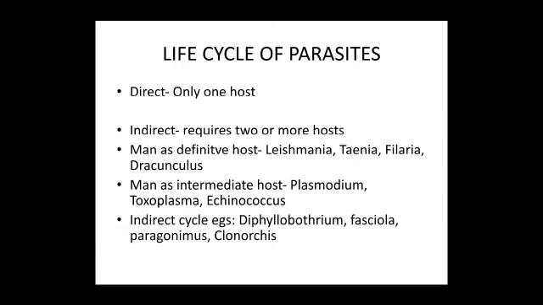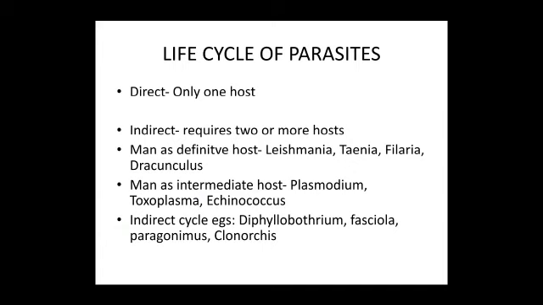Now, coming to the life cycles of parasites. The life cycle may be direct, which is a simple one, or indirect, which is a complex one. The direct life cycle requires only one host for its whole life cycle.